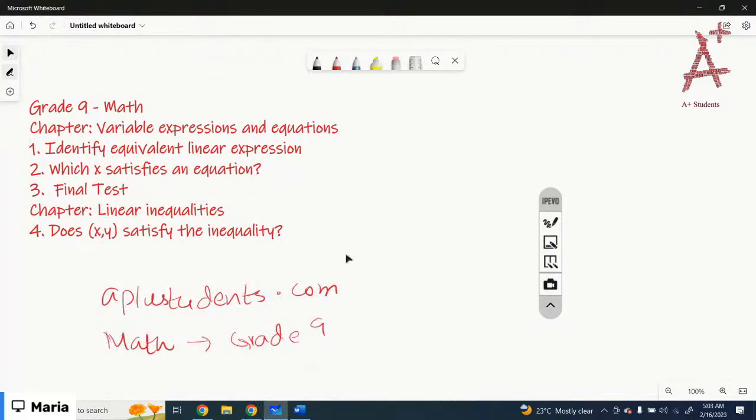So let's just start with the first lesson, that is identify equivalent linear expressions. Please make sure you have your notebook and pencil so that you can note down the important examples and definitions as well.